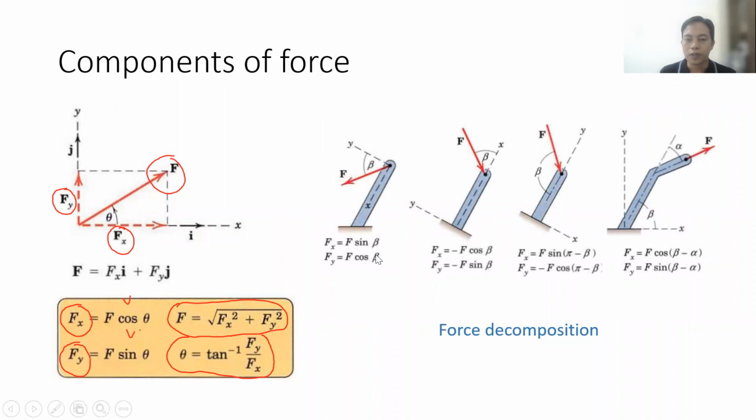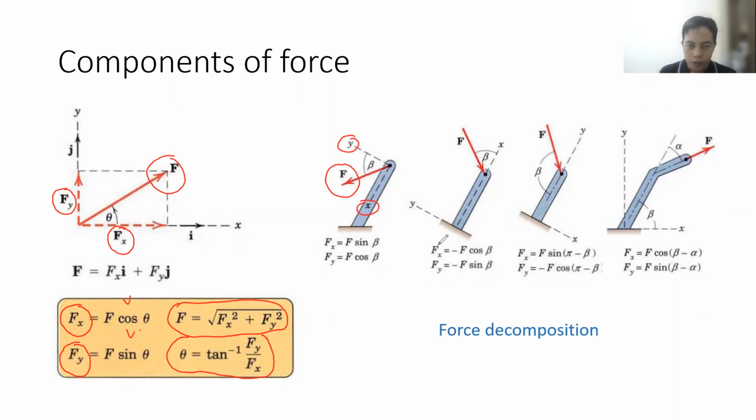So here is an example of force decomposition in different situations, in different problems. Okay, so here we decompose F in the x and y directions. We need to measure the angle from one of the axes, can be x or can be y.